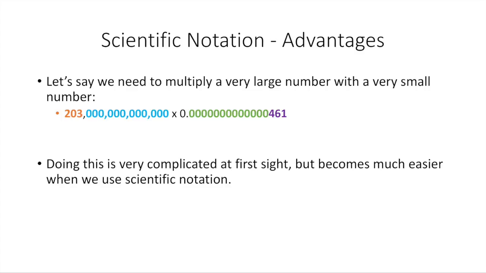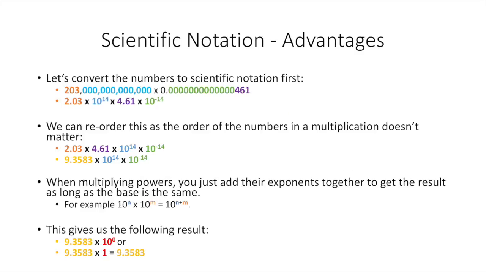But if we use scientific notation, maybe it gets a little simpler. So if we convert the numbers to normalized scientific notation first, let's take a look. So this would turn it into 2.03 times 10 power 14 times 4.61 times 10 power negative 14.